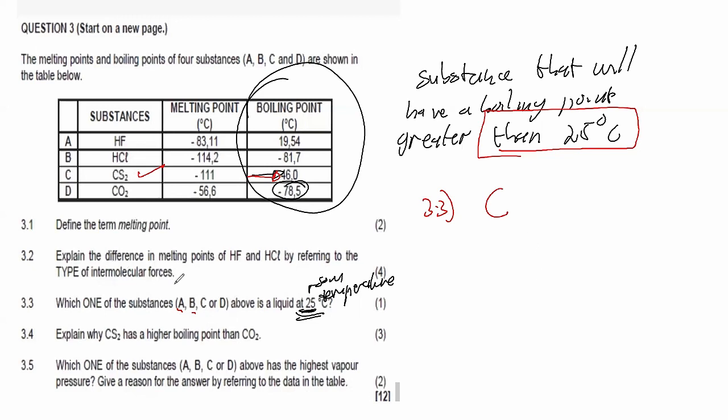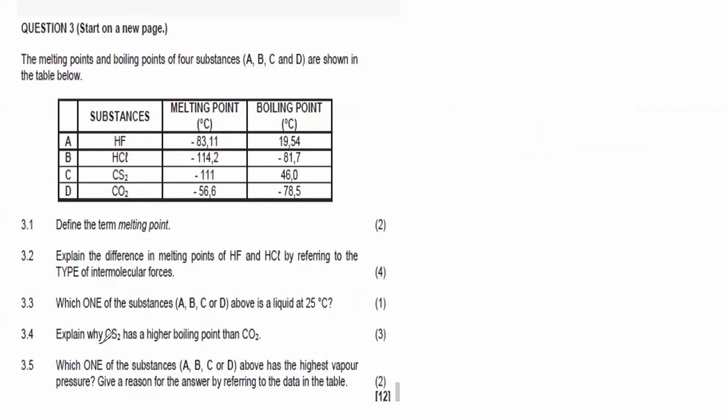And then let's now proceed. 3.4 says explain why CS2 has a higher boiling point than CO2, right? Now, looking at CS2 and CO2, the one thing that we can identify between these two is that they share the same intermolecular forces, which are the London forces, right?